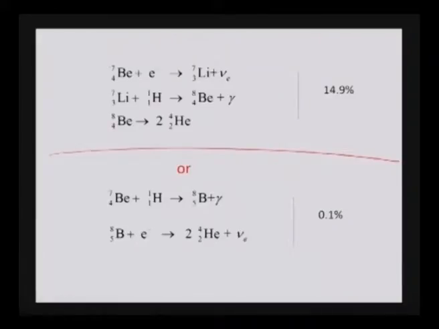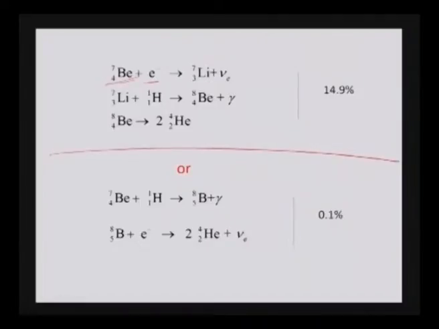Remember, this 7Be comes when 3He combines with 4He. That 15% probability, it combines with an electron. Electrons are also there, it is a plasma. So, it combines with an electron, and then one of the protons and this electron give you a neutron and a neutrino.